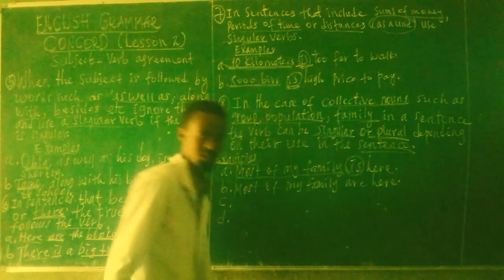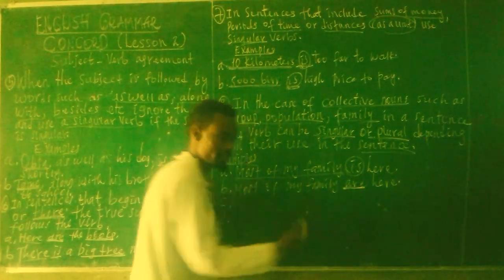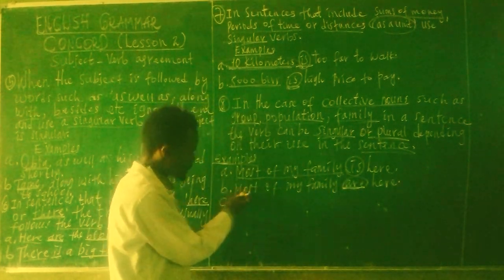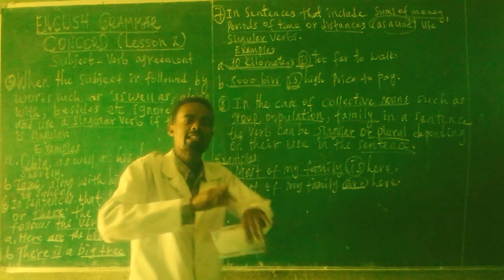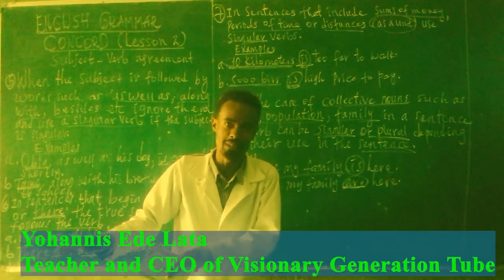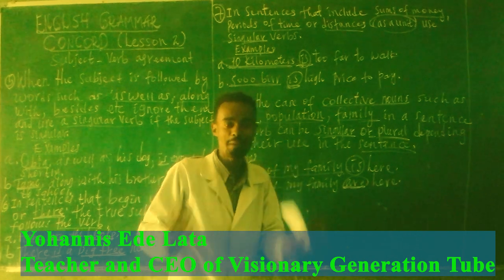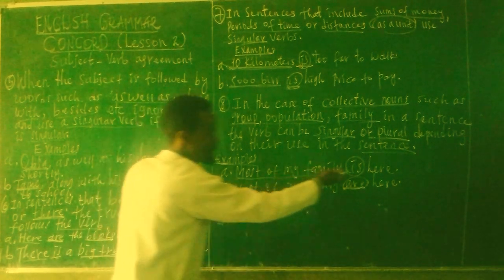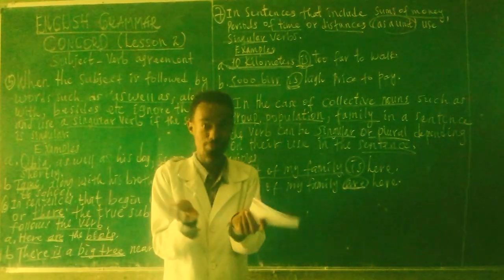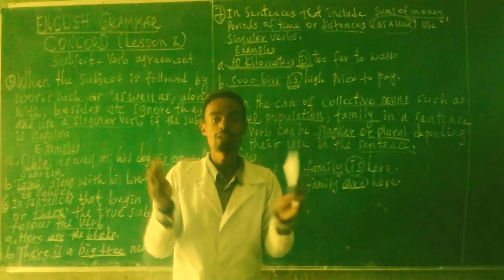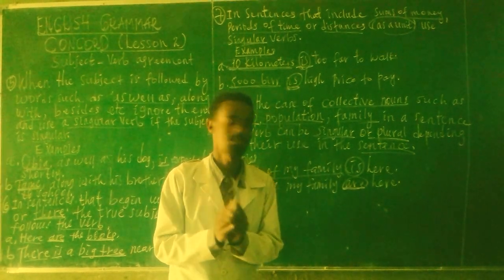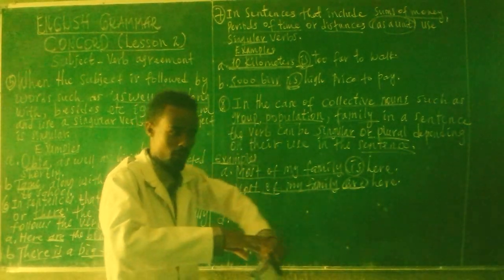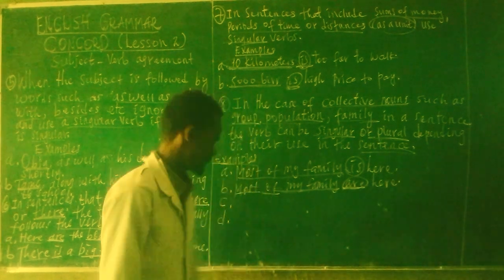Here I used the plural verb with the same subject. Why? I am talking about the separate members of my family. That means if I have 5 members, I am talking about each family member. So most of my family is here means my family as a group, a collection of members. In the second one, most of my family are here, I am talking about the plural number of my family.